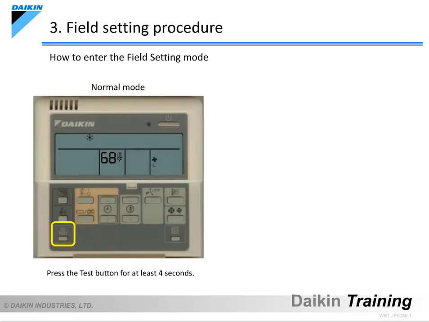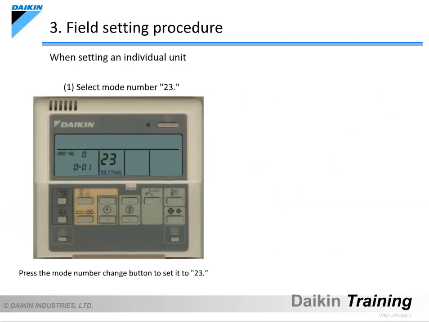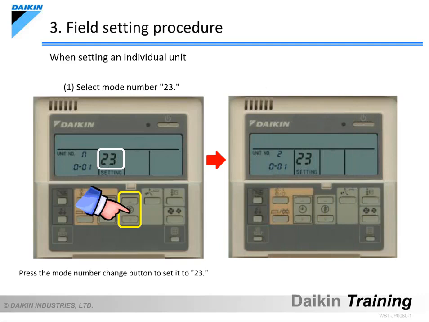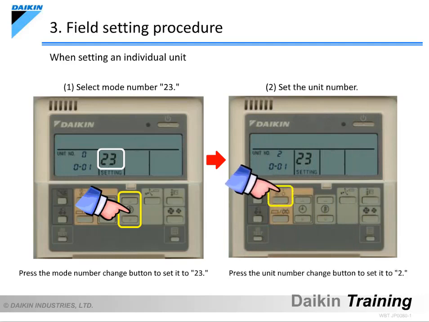Let's now learn about this procedure in detail. First, press the test button for at least 4 seconds to enter the field setting mode. Next, press the mode number change button to set it to 23. Then, set the unit number to 2 using the unit number change button.